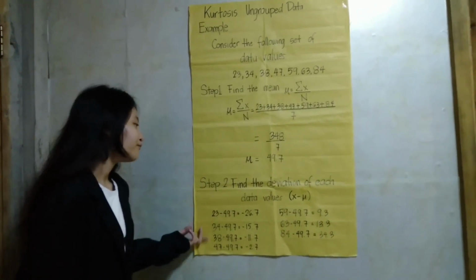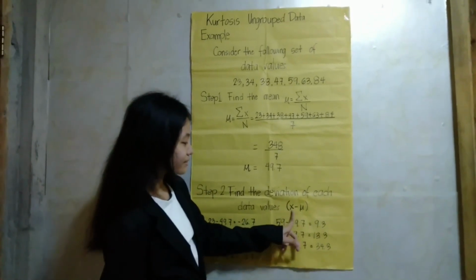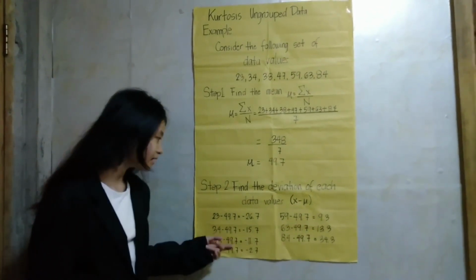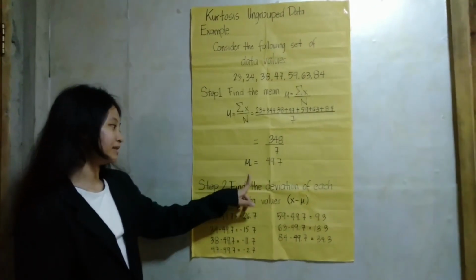Step 2. Find the deviation of each data value. The formula is x minus mean, where x are the variables and 49.7 is the mean.